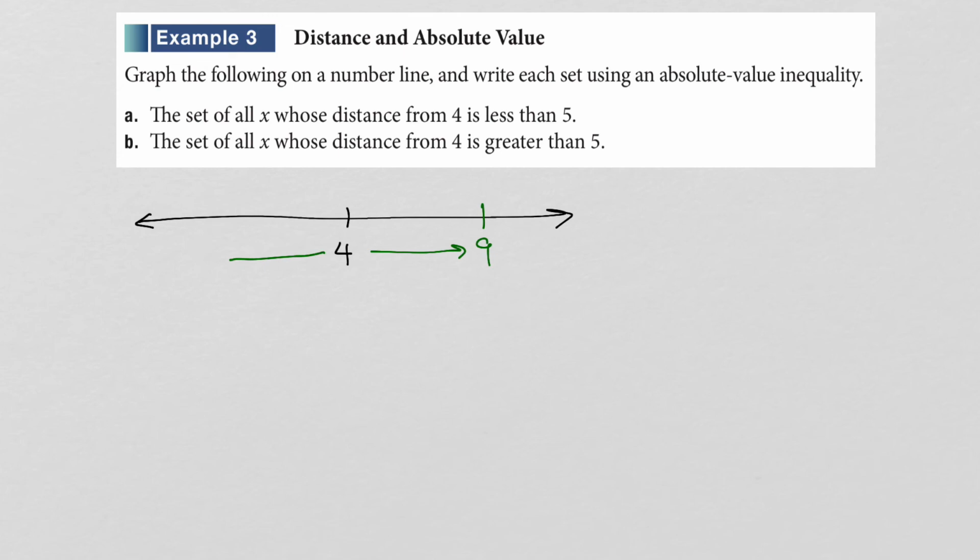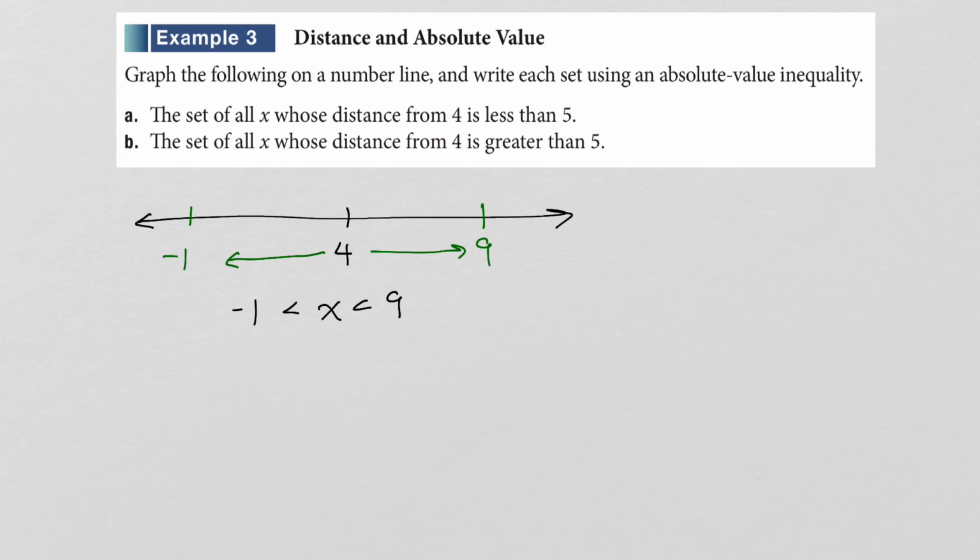And if you go 5 units to the left, that will take us to the number -1. So what we have there is x must be a number in between 9 and -1. So that should make sense, right? Because if x is a number in between here, it is less than 5 units from the number 4.